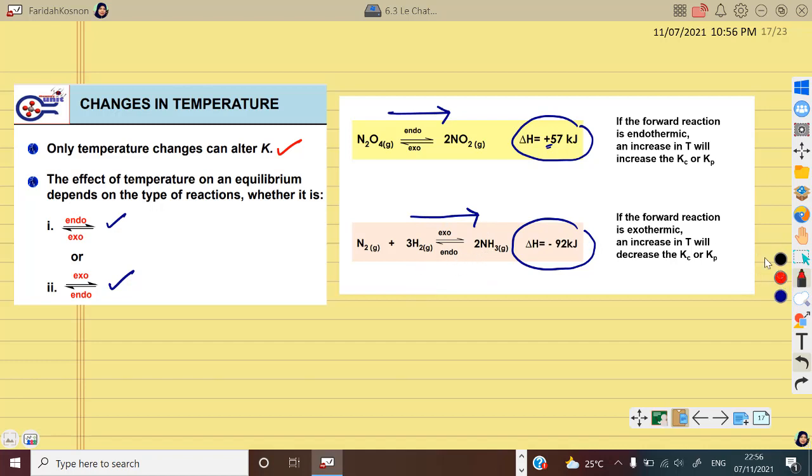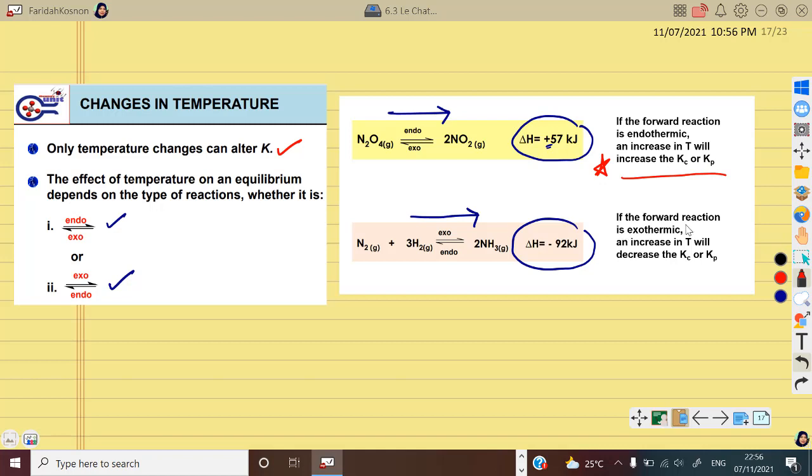Okay, if the forward reaction is endothermic, an increase in temperature will increase the Kc or Kp value. Kalau forward itu adalah endothermic, maksudnya saya ganggu sistem itu dengan saya menambahkan temperature of the system. Ini akan menyebabkan nilai Kc or Kp akan bertambah. Ni kena tahulah.